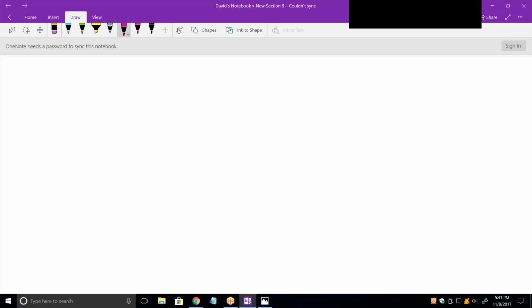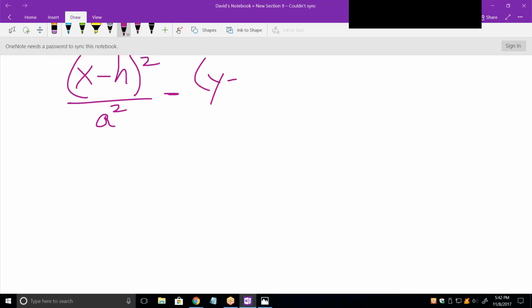Well, a hyperbola is not like that. A hyperbola has 2 different formats. They all have this in common, only it's being subtracted instead of addition taking place. Still equal to 1. So it looks almost exactly like the format for an ellipse, only the subtraction sign instead of the addition sign.